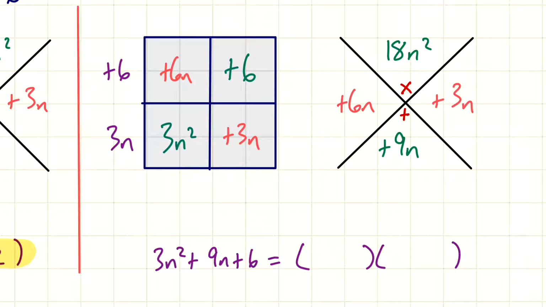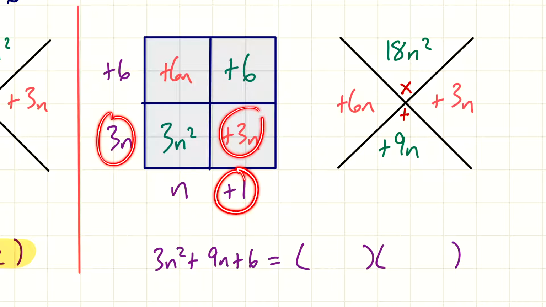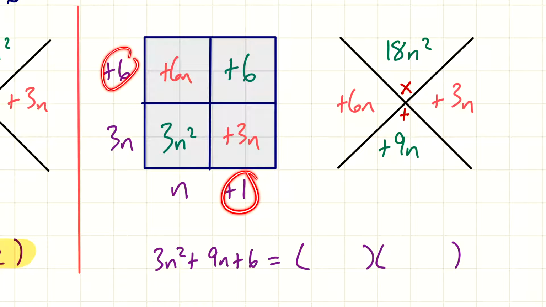And so that must mean that down here should be an n, and this should be a 1, right? Because 1 times 3n is 3n, and 1 times 6 is 6, right? All these numbers make sense. They all work. So then I would have n plus 1 and 3n plus 6.